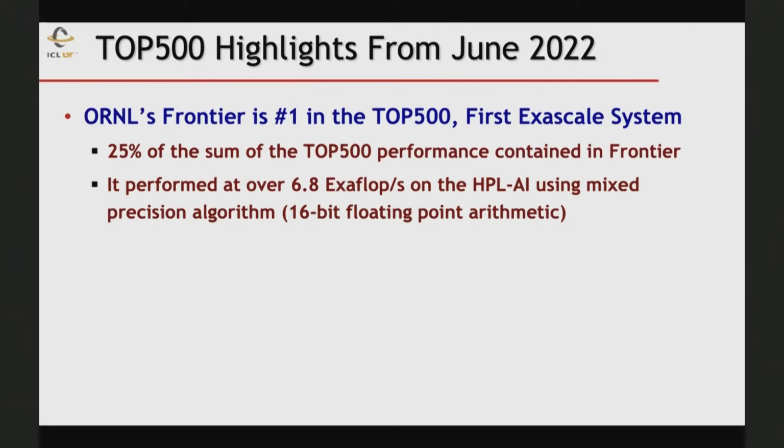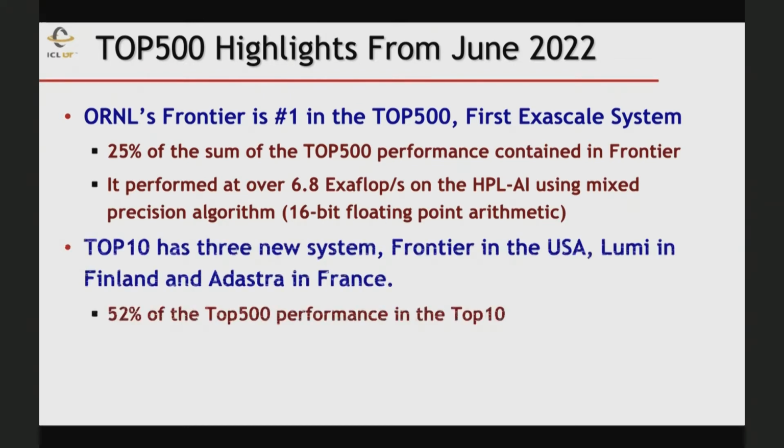So this list is really top loaded with some very fast machines in the first 10 positions, and then a long tail of the rest of the machines. The machine at Oak Ridge is capable of 6.8 exaflops when doing 16-bit floating point arithmetic. And I'll have a little bit more to say about that as we progress in this presentation.